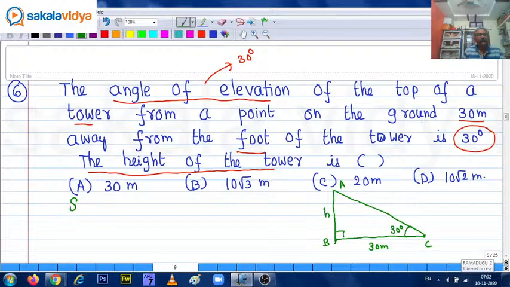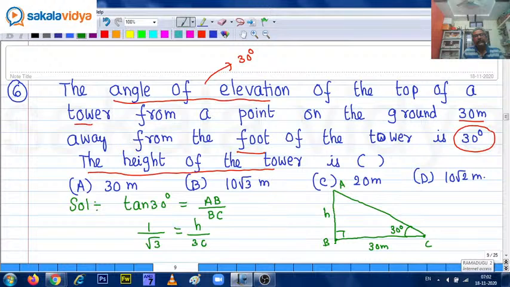Apply tan 30. Tan 30 degrees is equal to opposite side by adjacent side. So tan 30 is 1 upon root 3. AB is H, the height of the tower. BC is 30. So H equals 30 upon root 3.